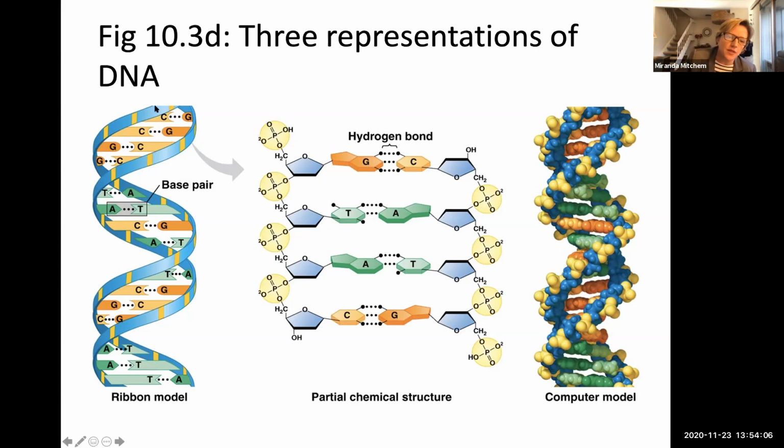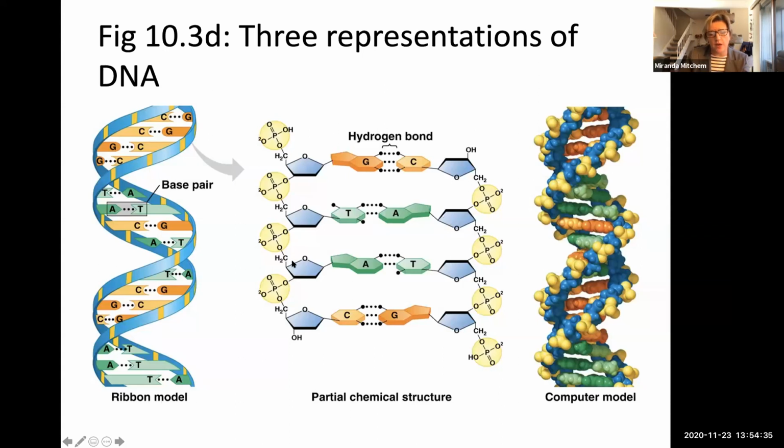So looking at it again, the sugar phosphate backbone, and there are two of them because it's double-stranded, is where the covalent bonds are, between the sugar, the blue part, and the phosphate group, and then again from the phosphate group to the next sugar. Looking at our partial chemical structure in the center, we can see the sugar phosphate backbone.